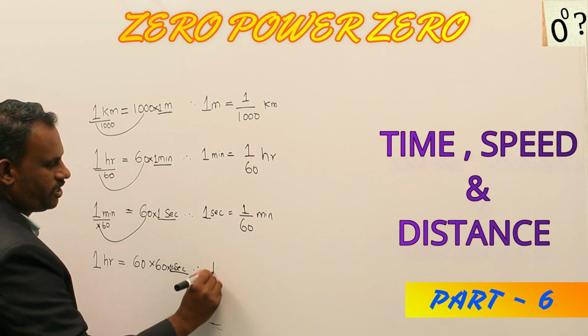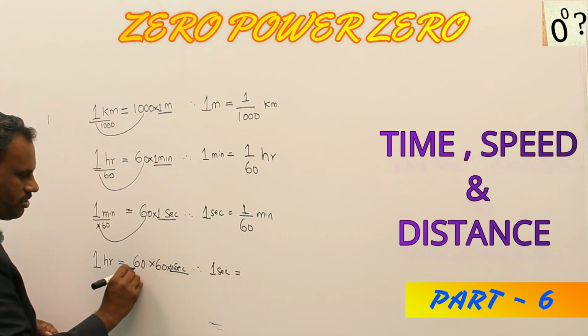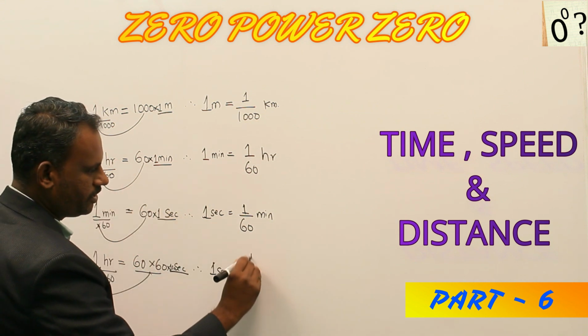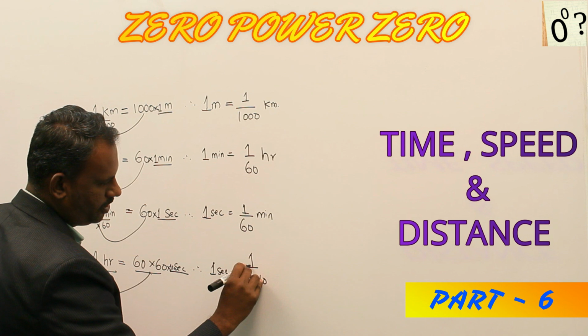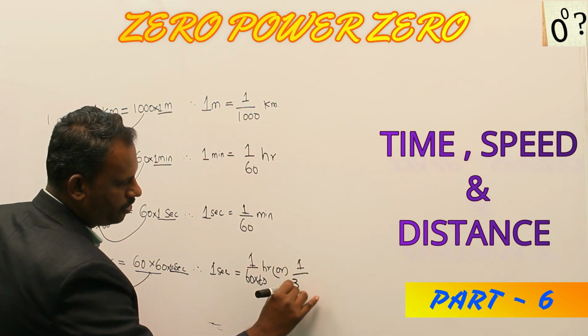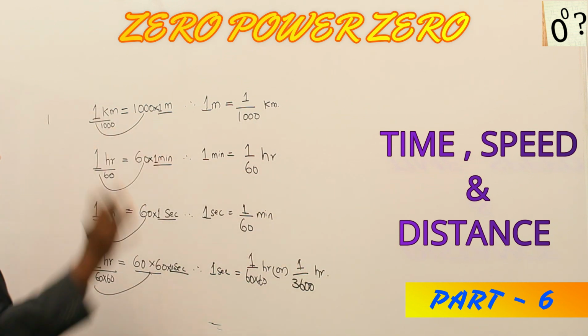If you convert 1 second into hour, 1 second equals 1 divided by 60 into 60 hour, or 1 divided by 3600 hour. This is the basic unit conversion.